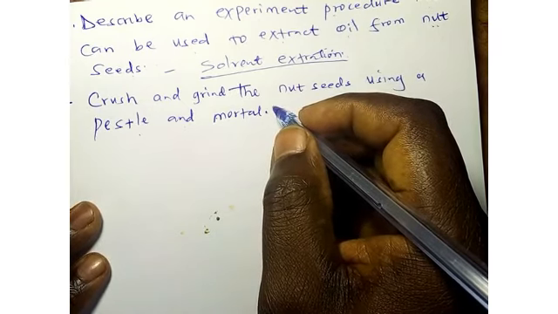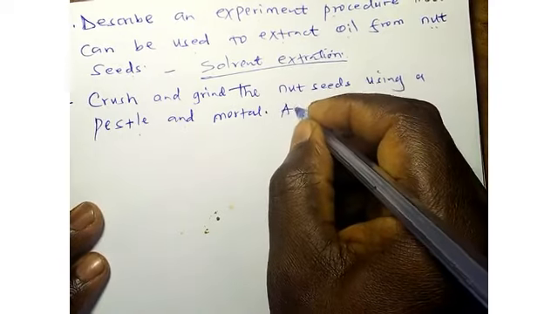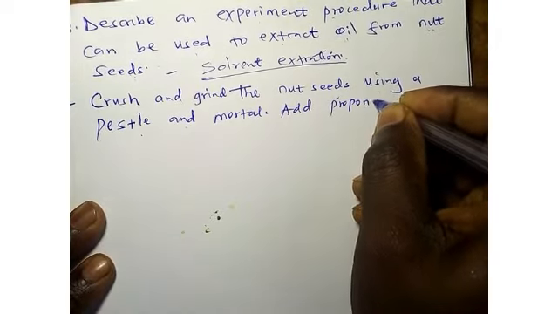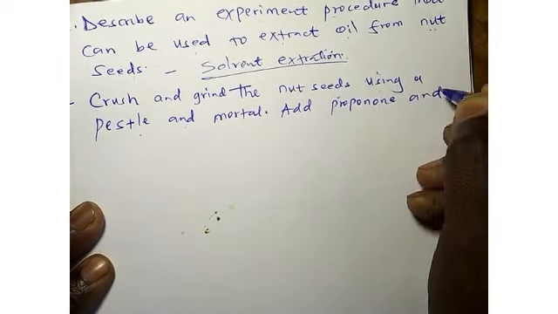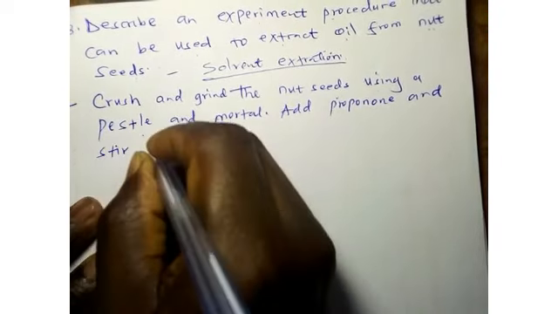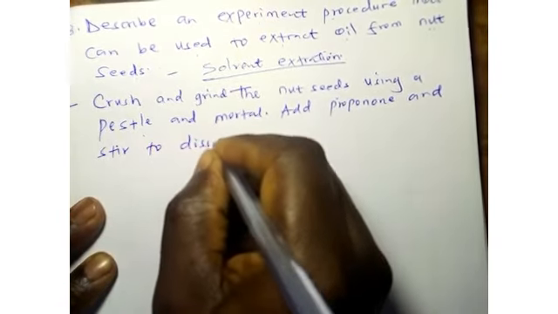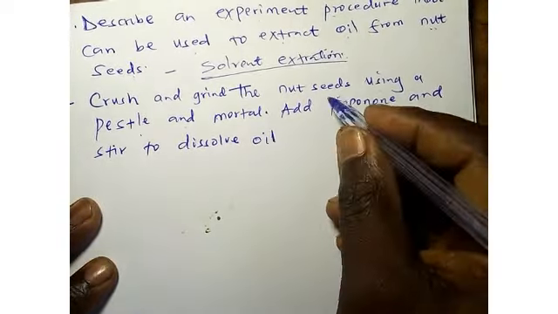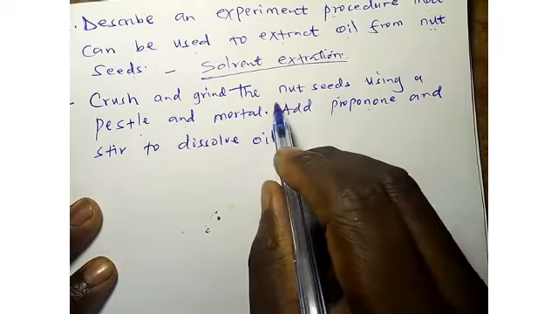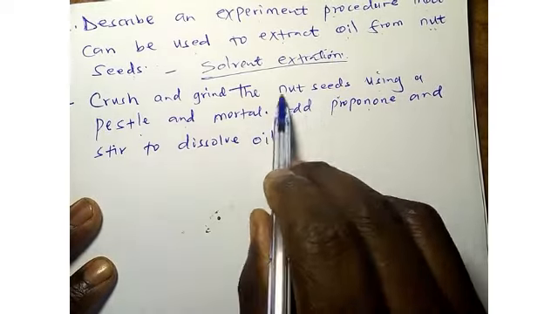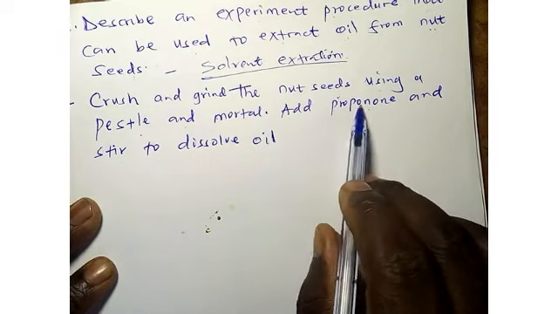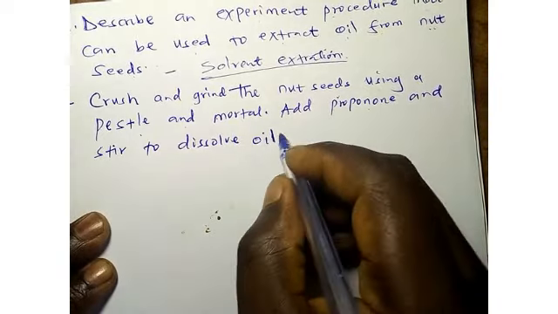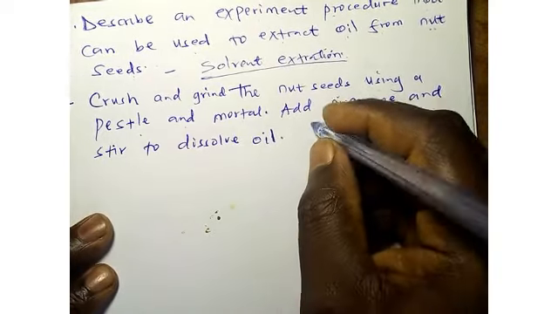You can use propanol, you can use ethanol. So add propanol and stir to dissolve the oil. Remember, oil is soluble in propanol and ethanol, but it is not soluble in water. That is why we don't use water as the solvent here. We use propanol, an organic solvent, to dissolve oil.